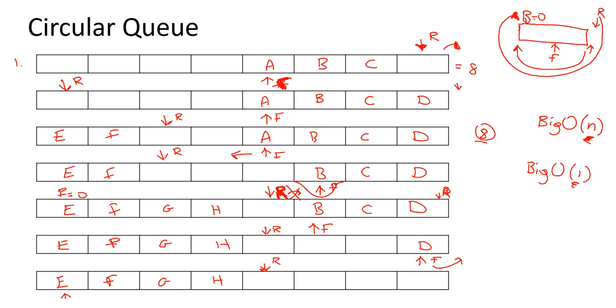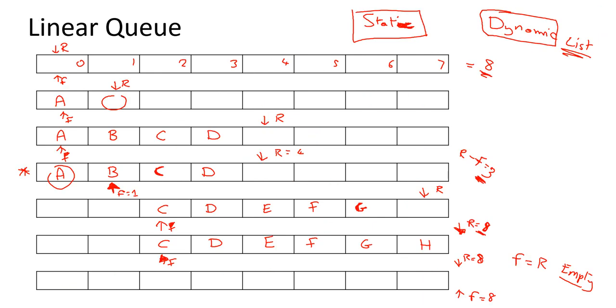So the circular queue, it does wrap around. It wraps the pointers around and makes efficient use of memory. In the example we saw before with the linear queue, it's not making efficient use of memory, as when the front pointer kept moving up, these positions could no longer be pointed to.